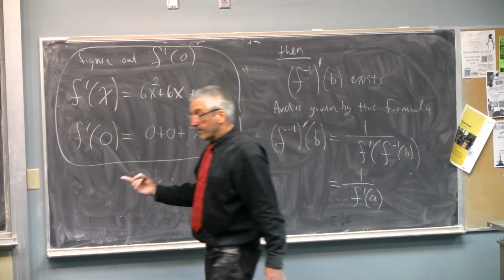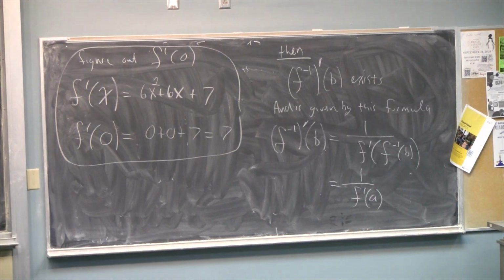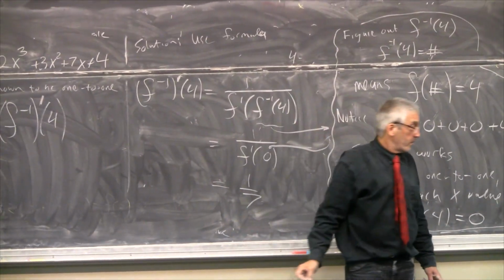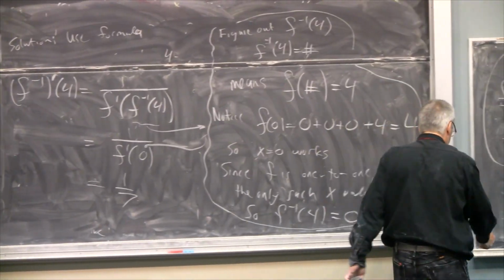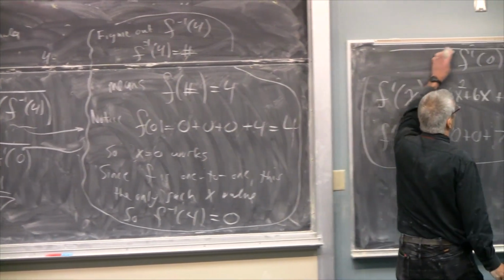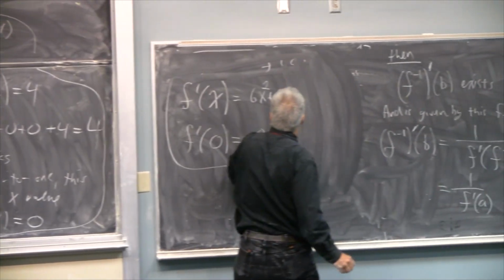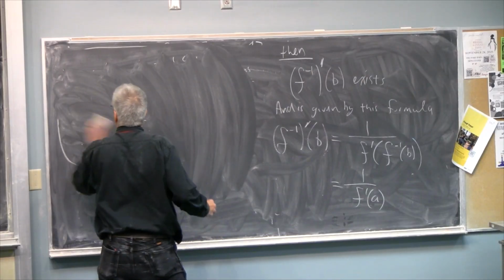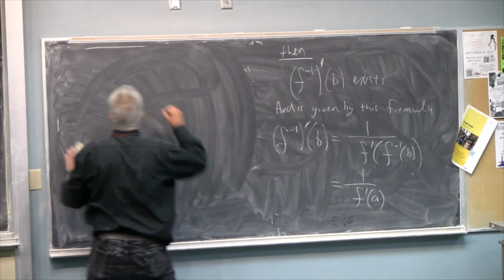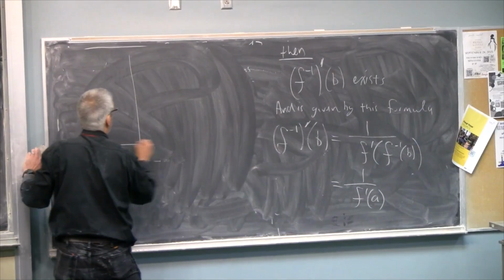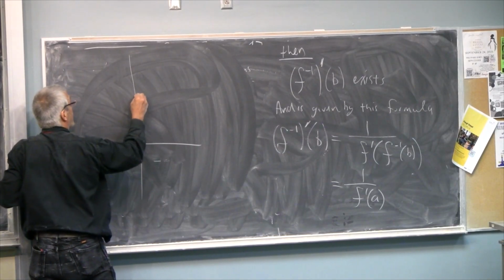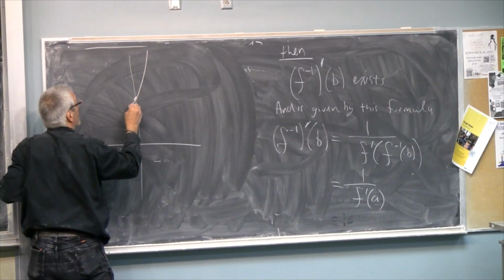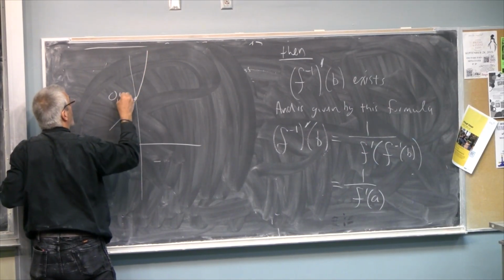So we just found that the line that's tangent to the graph of f inverse at x equals 4 has a slope of 1 over 7. Let me graph this really quickly, because this picture looks a lot like the picture that I drew over there. We have just observed the graph of f goes through the point 0, 4.